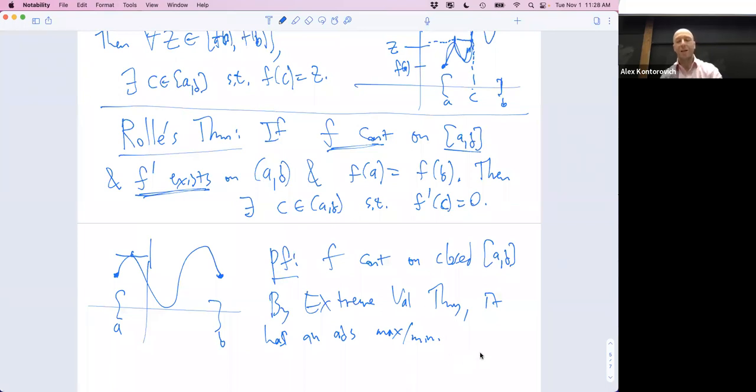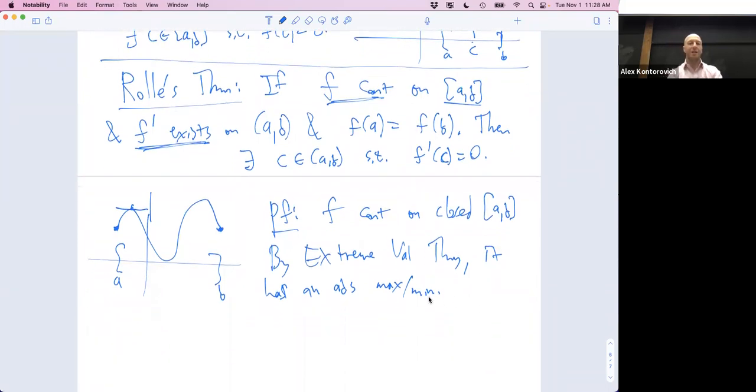Now it could be that those absolute maxes and mins... So if that absolute max or min is at an interior point c in a to b. I don't know where the absolute max is; maybe it's at b itself.